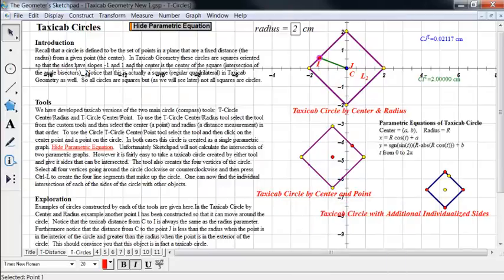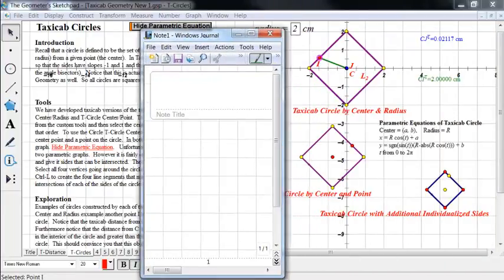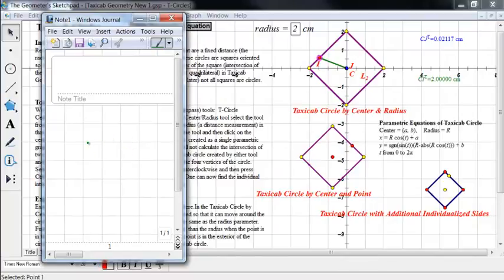So maybe we can actually write this down here. We're looking at something like this. This is the origin. This is the point, whatever the radius is, (r, 0).